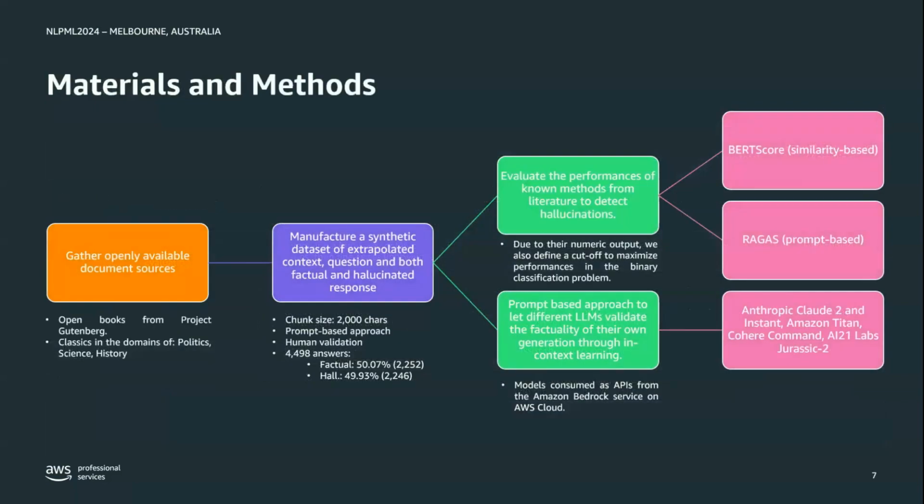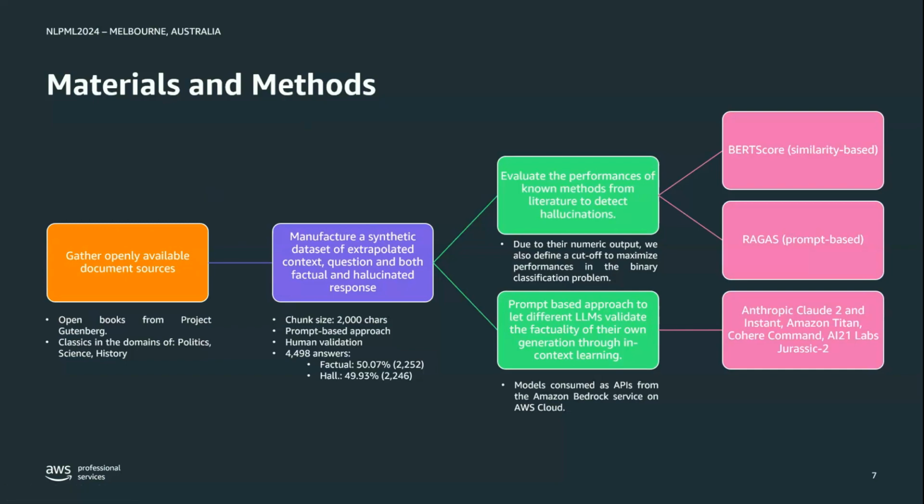What we did was, first of all, assess a prompt-based methodology, an in-context learning methodology. In-context learning means that we provide examples with explanation inside the prompt. To test this approach, we first gathered openly available data, fetching books from Project Gutenberg in different domains: politics, science, and history. We manufactured a synthetic data set.